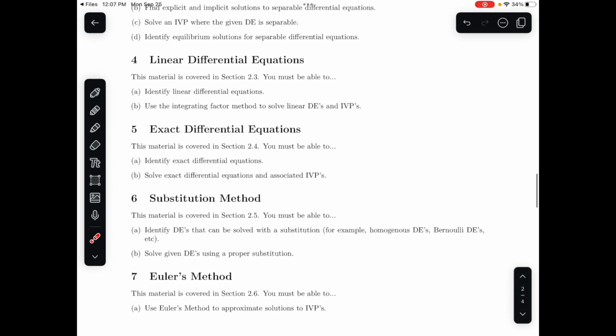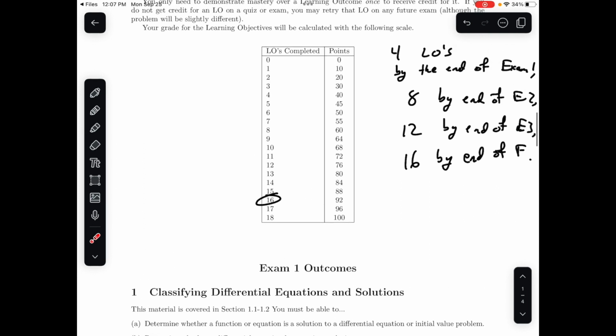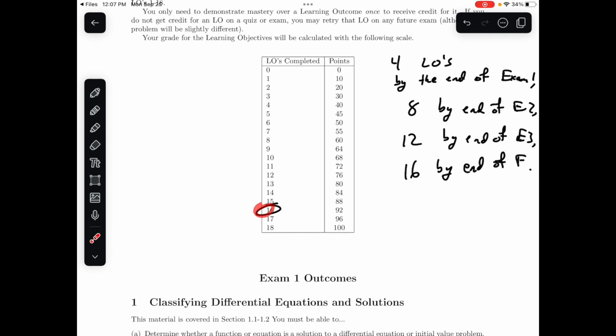If you're shooting for an A pace, that gives you 2 learning outcomes of leeway throughout the whole semester that you don't necessarily need to get.